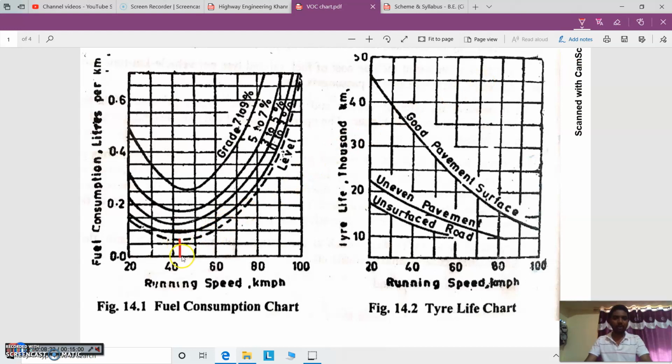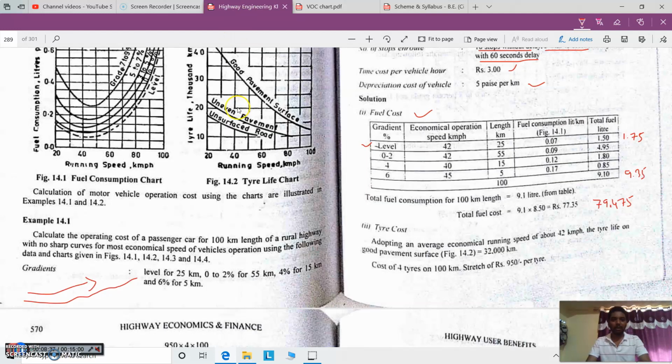We have taken the lowest point because the problem is given with economical speed, right? So 42 kmph is considered for the level ground.